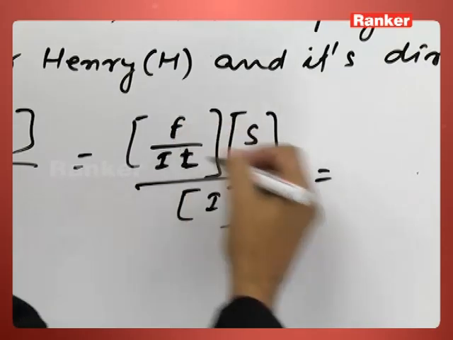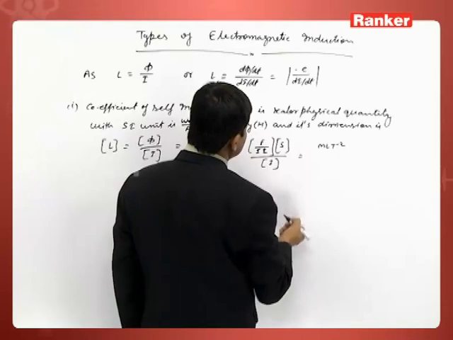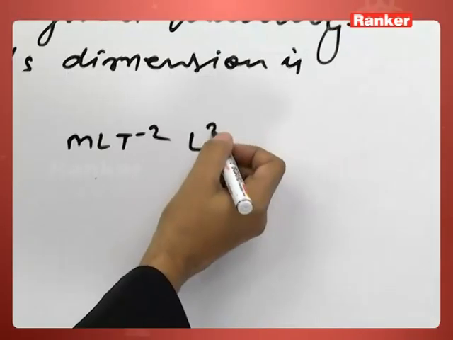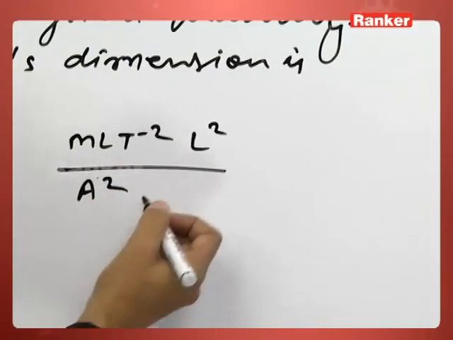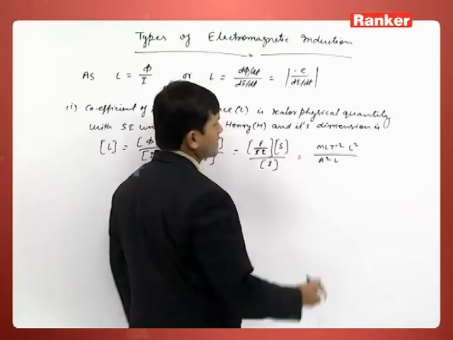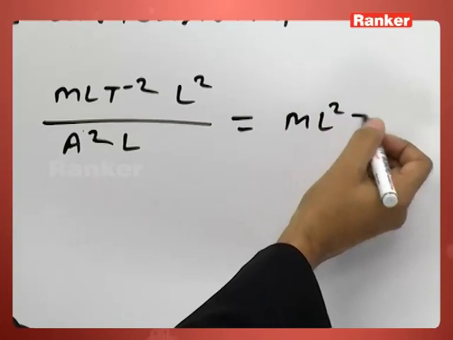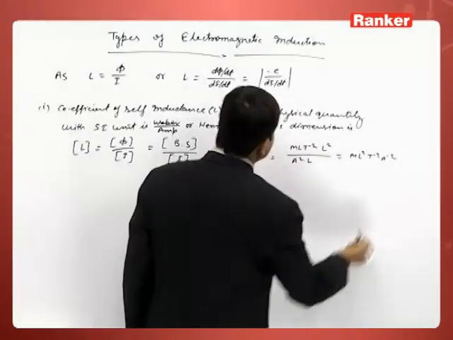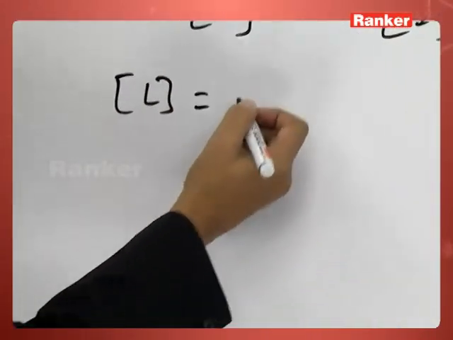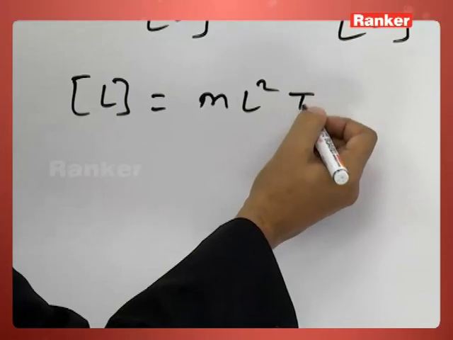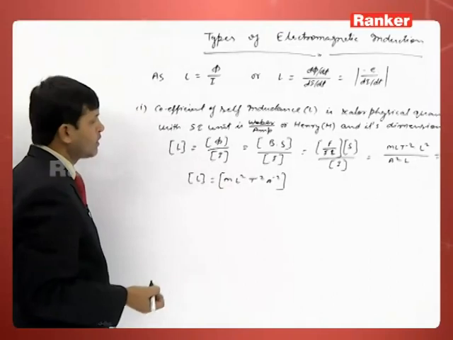So finally we can write dimension of force MLT minus 2, dimension of area L square, by dimension of current in A square, and dimension of length here L. So finally we will have ML square T minus 2 A minus 2. So dimension of L is written as ML square T minus 2 A minus 2. This is the dimension of L.